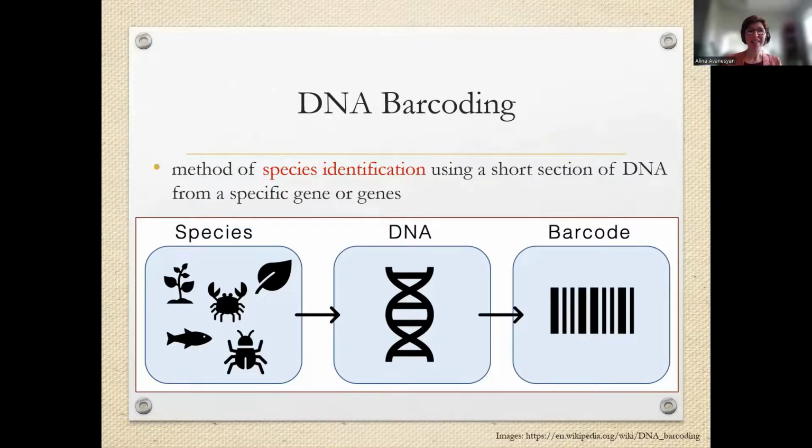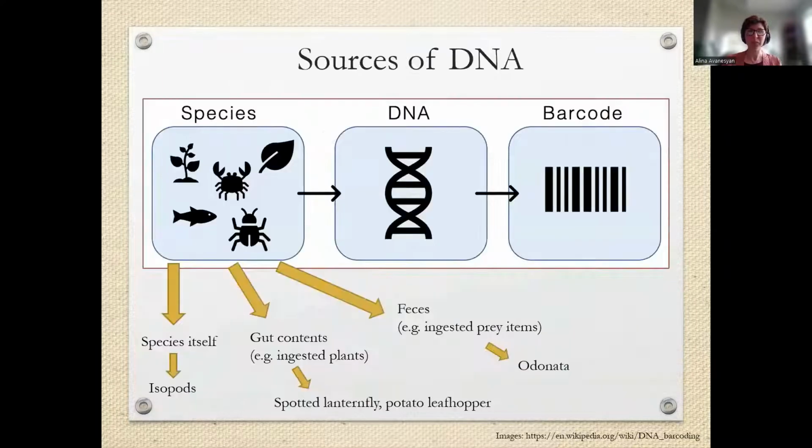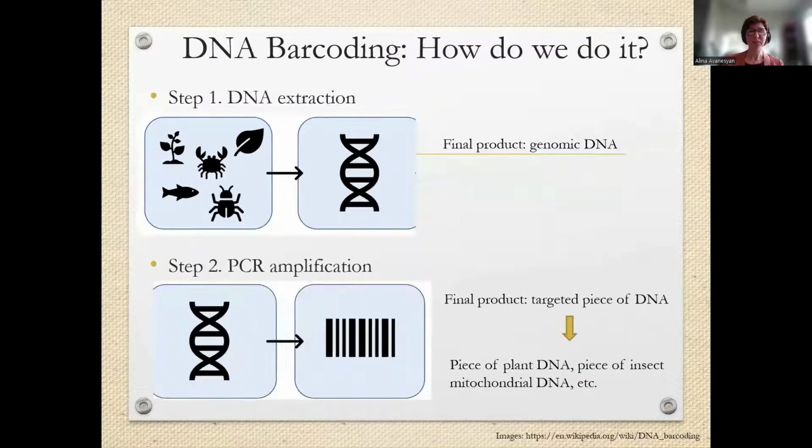Each product has a barcode, and at checkout, barcode scanners will read the bars and identify the code of your product. There are multiple sources of DNA: species tissues, species gut contents, or species feces. These are just a few examples.